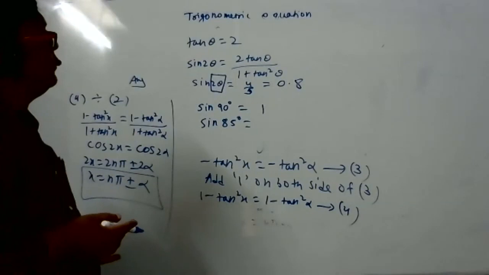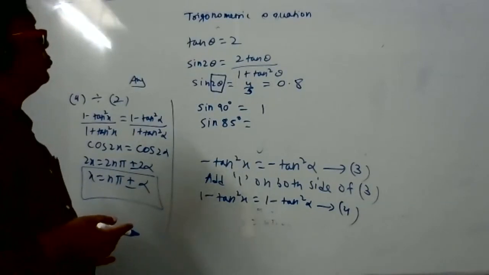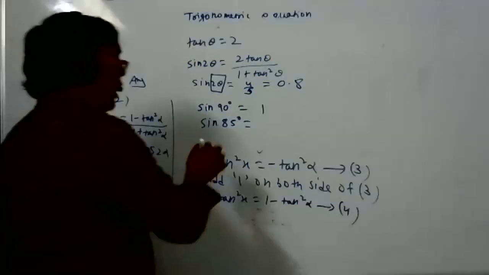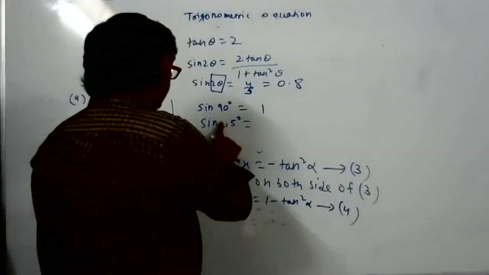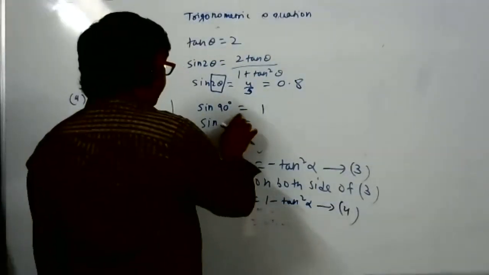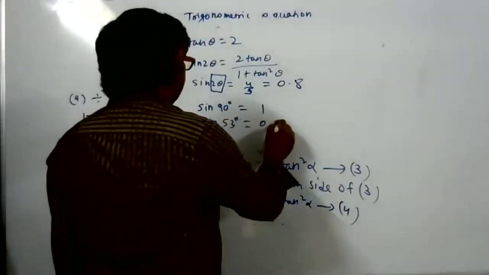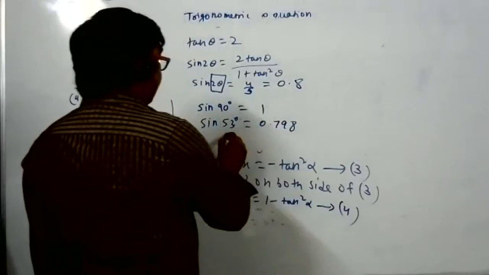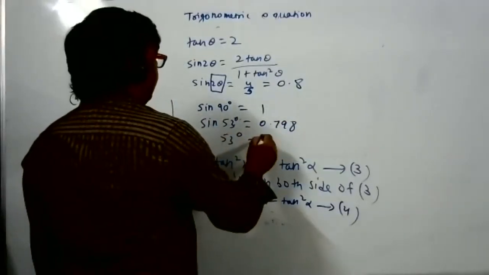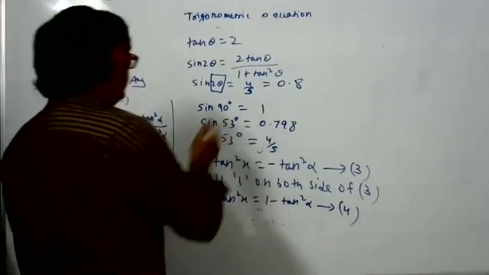Tan theta is 2. Sir, I wrote sine 53 degrees in the calculator and got 0.798. So 53 degrees is only about 4 by 5. But then how is the answer?